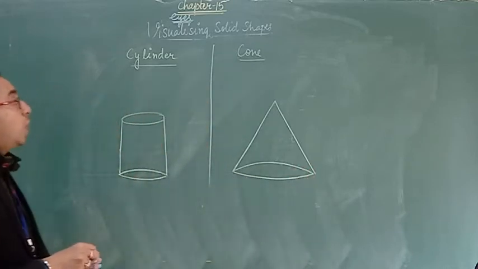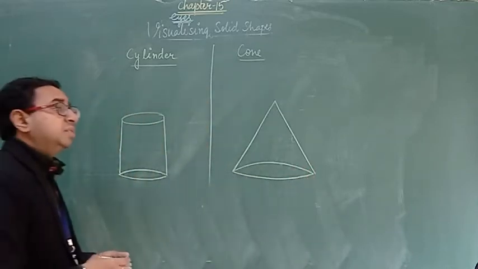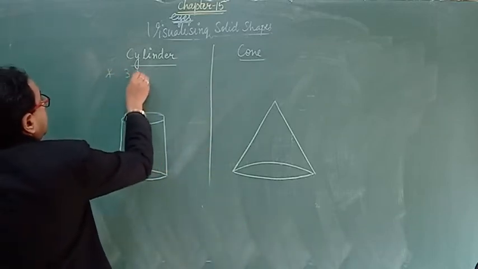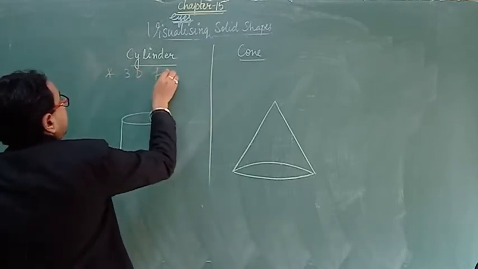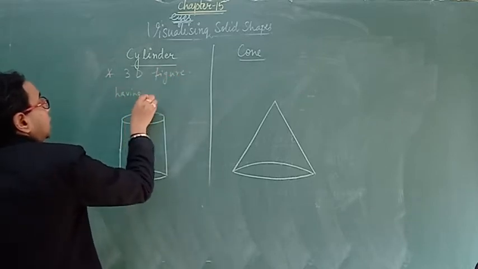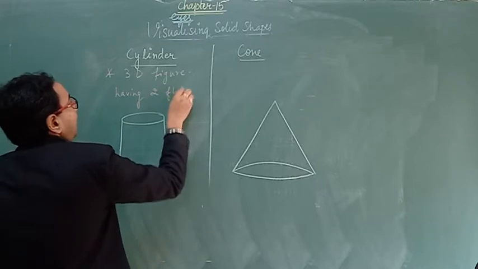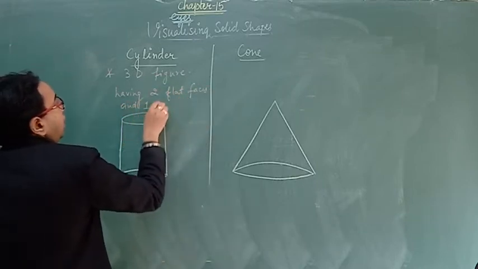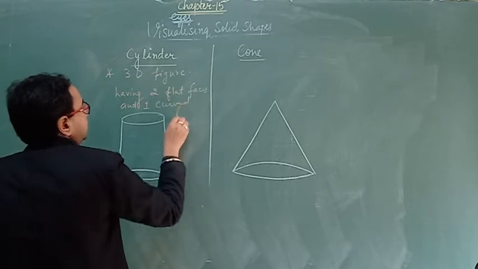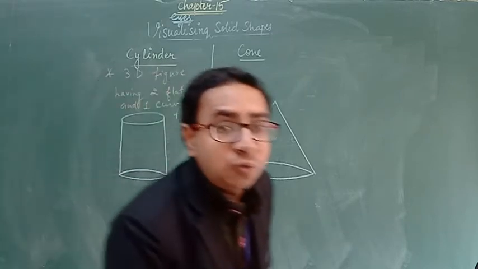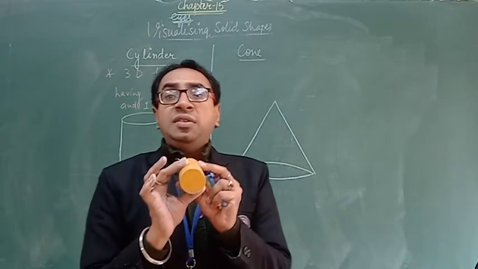Clear? Now how will somebody define a cylinder? A 3D shape for sure, no problem. A 3D figure having two flat faces and one curved face. This is how we define it. Now understand why two flat surfaces. What do you mean by face?